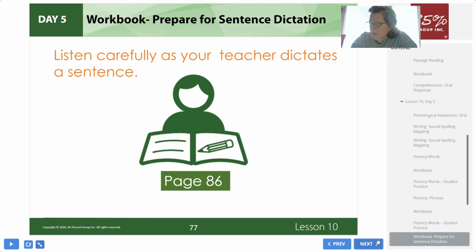First sentence, it always rains on Sunday. Repeat it with me. It always rains on Sunday. Now write it.